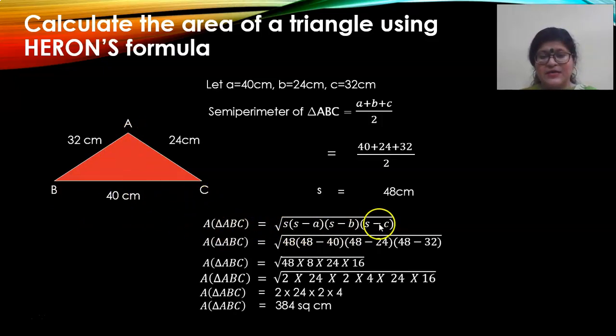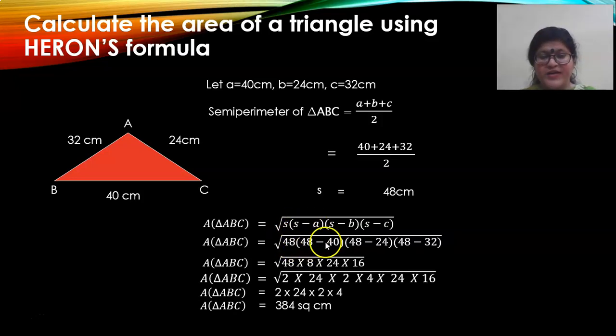This is Heron's formula wherein square root of s into s minus a, s minus b and s minus c represents the area of triangle ABC. s stands for semi-perimeter and you're subtracting the three sides of the triangle from the semi-perimeter. So substitute the values. s you know is 48.